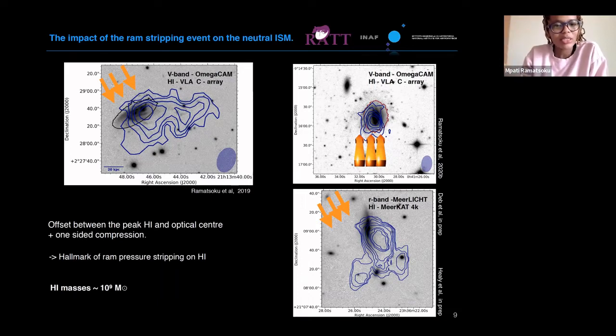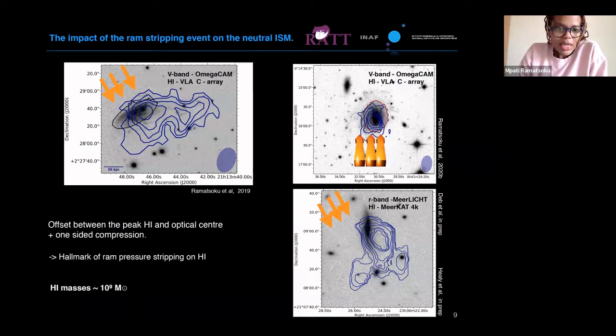So we already knew that these galaxies were undergoing RAM pressure stripping, but we wanted to be sure that this is happening in H1 as well. We couldn't just assume. I forgot to mention that the black contours and the red contours here indicate the optical disk of the galaxies as determined from the V band.